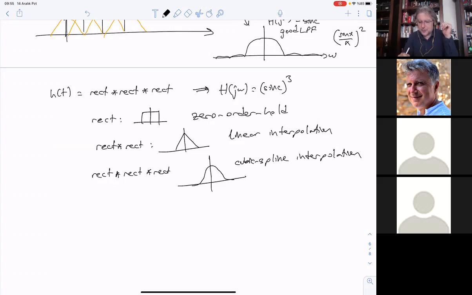It's not even continuous. The linear interpolation makes it continuous, but not differentiable, because the joints will be sharp joints. And if you apply a cubic spline, it will be differentiable. And from there on, it keeps getting better and better.